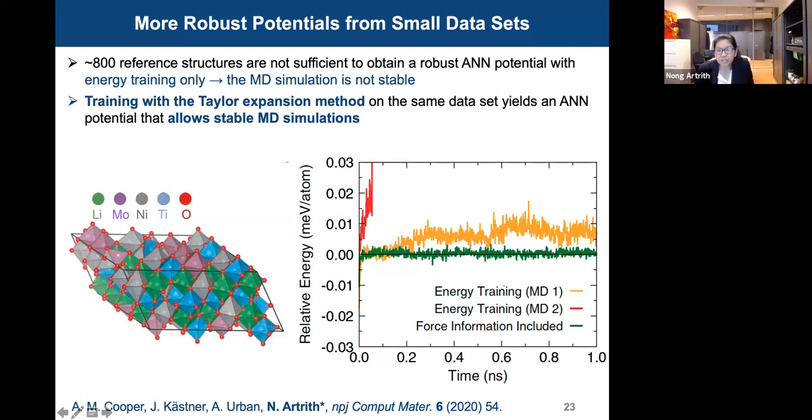But when we use our force information via Taylor expansion, it helps and makes the MD simulation more stable. So this already showed that our method, Taylor expansion, also helps and improves our neural potentials. But note that this 800 reference data is not a general neural potential, this is just to demonstrate. For real applications, we need to include many more structures.